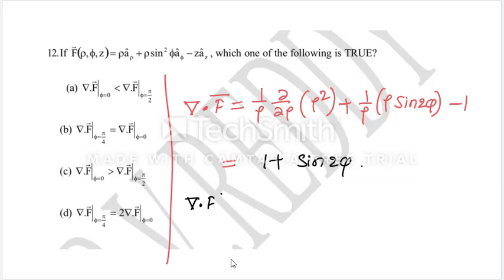A system problem, or you have a doubt in this problem? Any doubt in this problem?